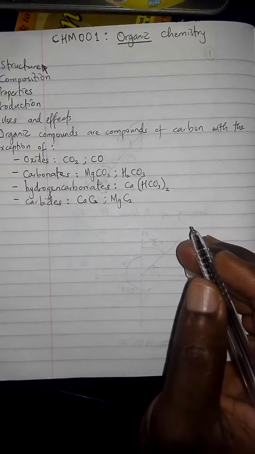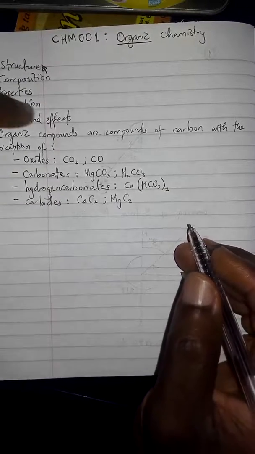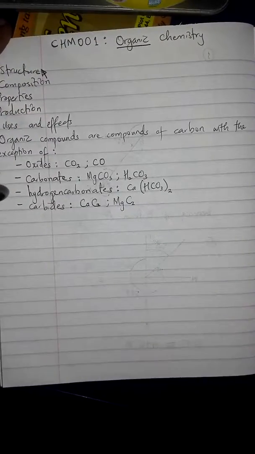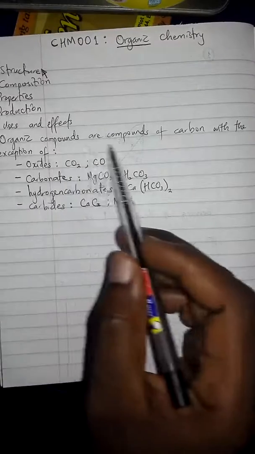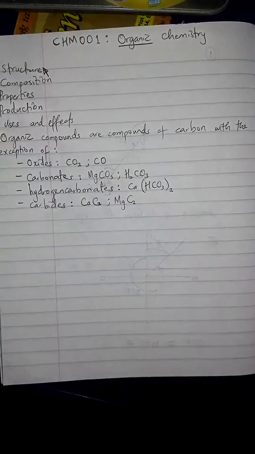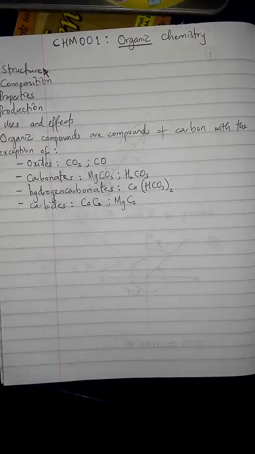So that is that about that. We say that organic compounds contain carbon as the major element. That is why we say they are compounds of carbon. Of course, carbon would not stand alone in the compound.